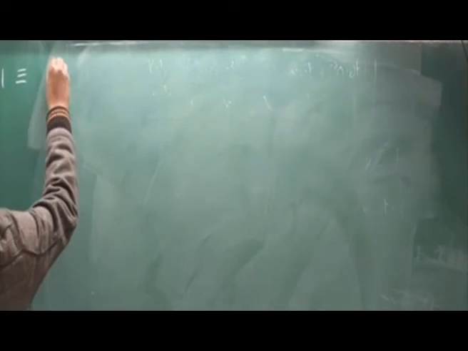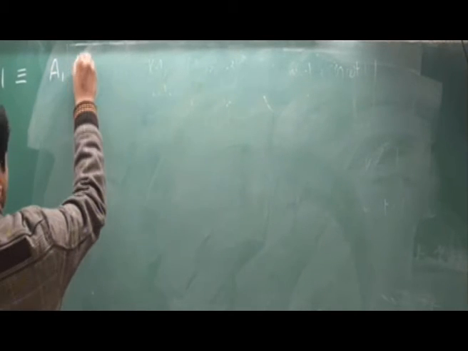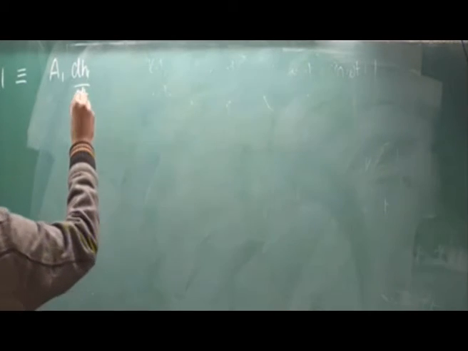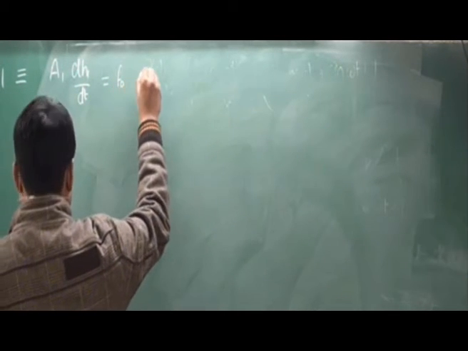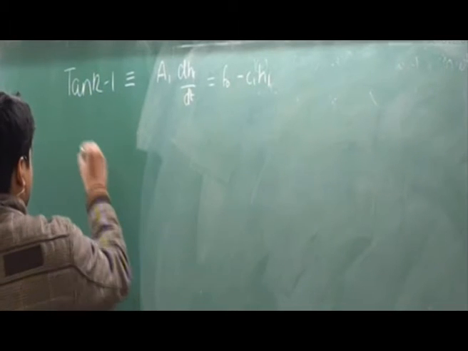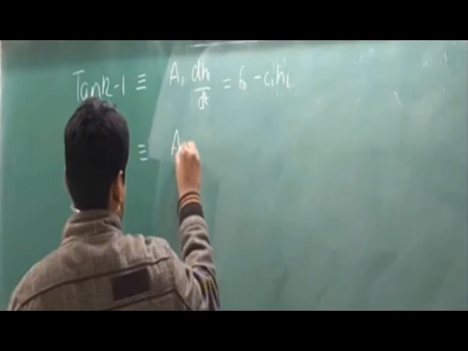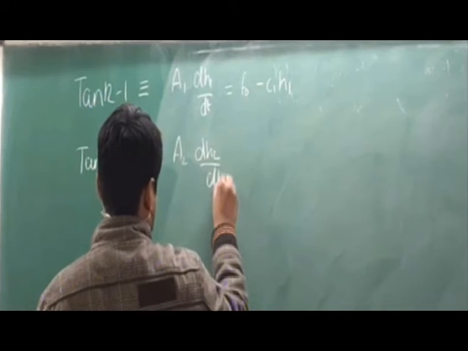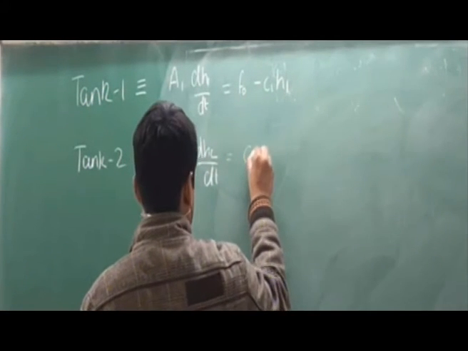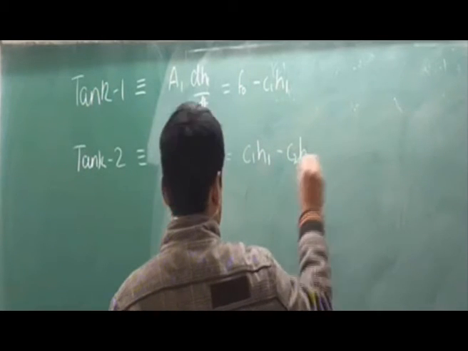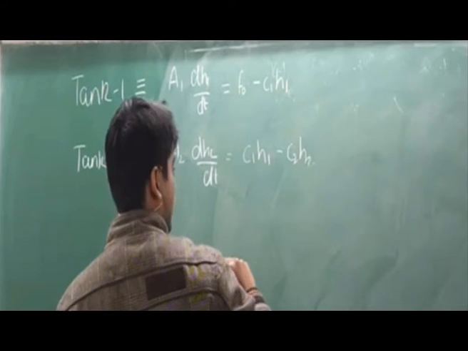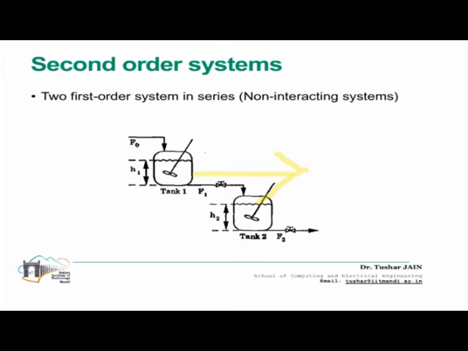For tank 1, the differential equation is given by A1 ... okay, and for tank 2, ... where in the figure f1 is given by c1h1.